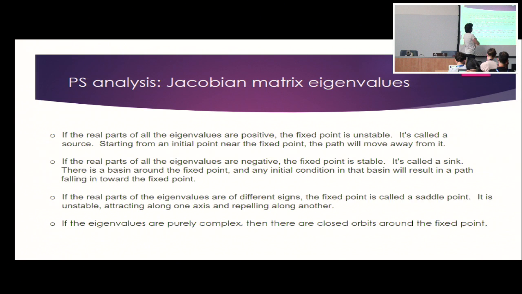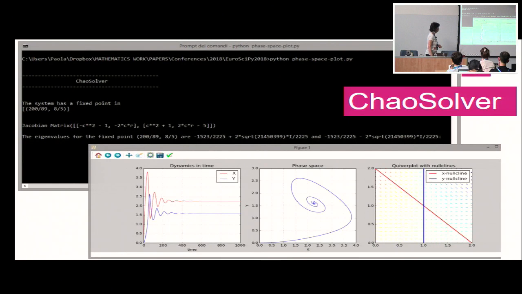If the real parts are negative, we have another type of steady state, because, you know, in the first case we have an unstable steady state, in the second case a stable steady state, and then according to the sign of the eigenvalues of this matrix, we can have stable, unstable, saddle points, and so on and so forth. So this is just to say that a large part of this code is also dedicated to interpreting and explaining the results for non-expert users.